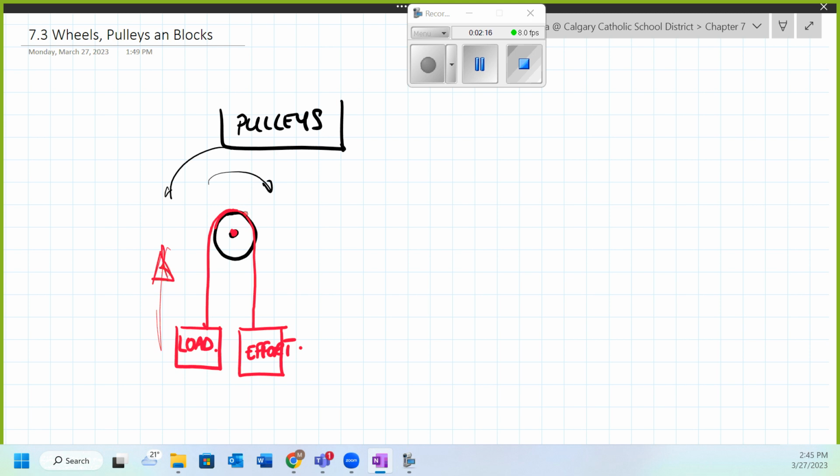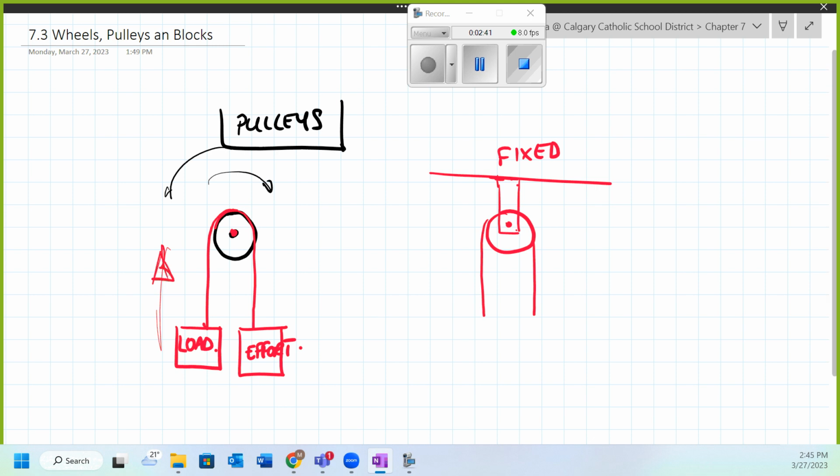Usually what you will see on those kinds of fixed pulleys is a block that is like this. And then on one side is the load, and on the other side is the effort that you are exerting to lift that load up.